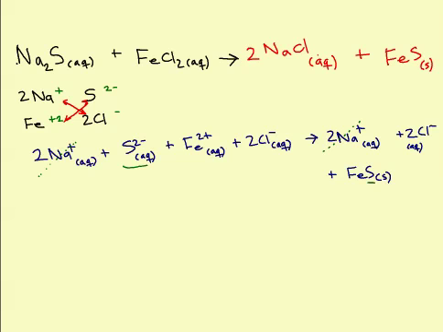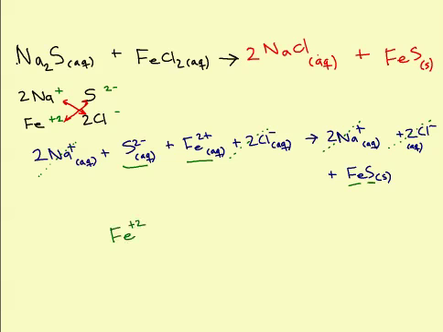So that's involved in chemistry. I'm going to keep it. My chloride is AQ on both sides, so I'm going to eliminate that for my net ionic. So my net ionic is iron 2 AQ plus the sulfide ion AQ forms iron 2 sulfide solid.